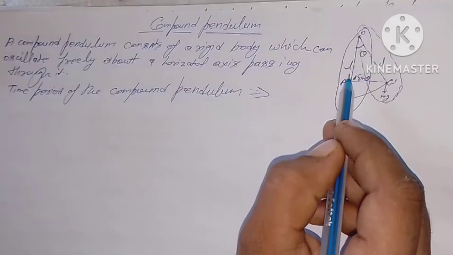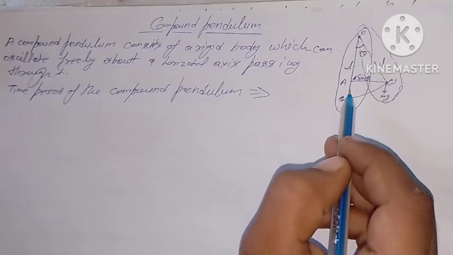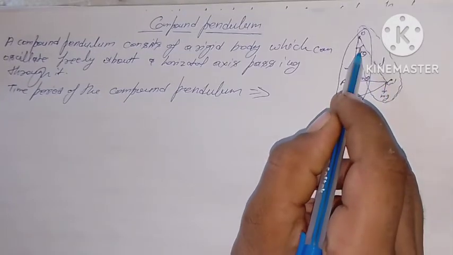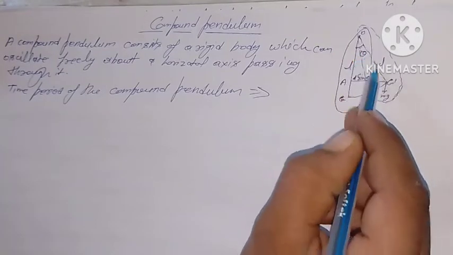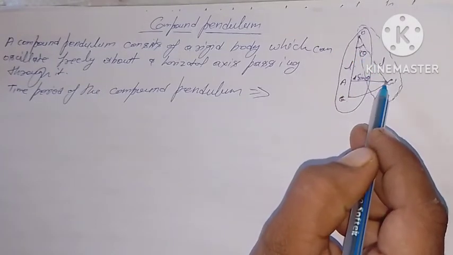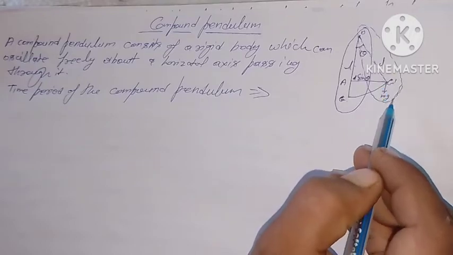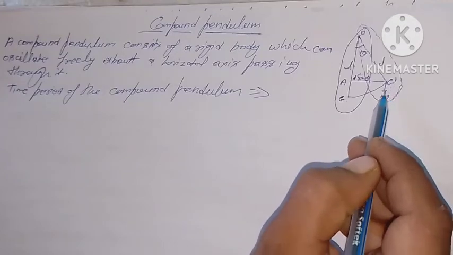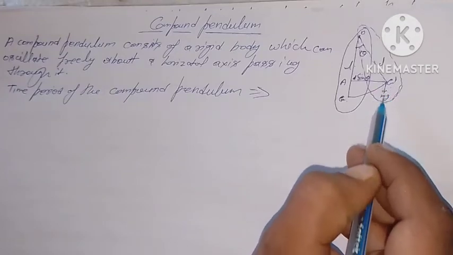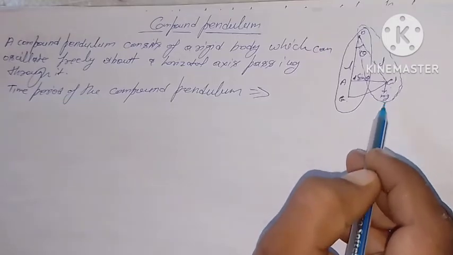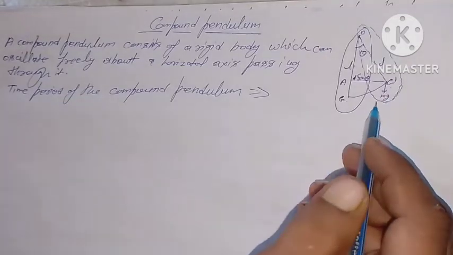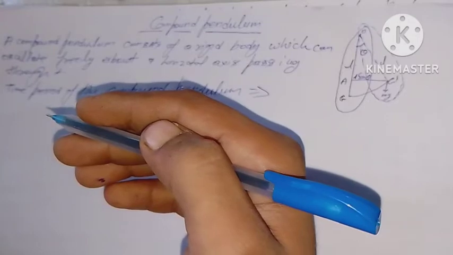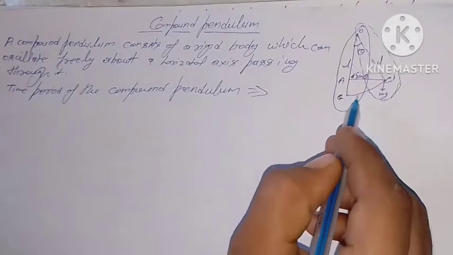When the body is displaced through a small angle theta to the dotted position, the center of gravity is shifted to the position G dash, and its weight mg acts vertically downwards. If the pendulum is now released, a restoring couple acts on it and brings it back to the initial position.